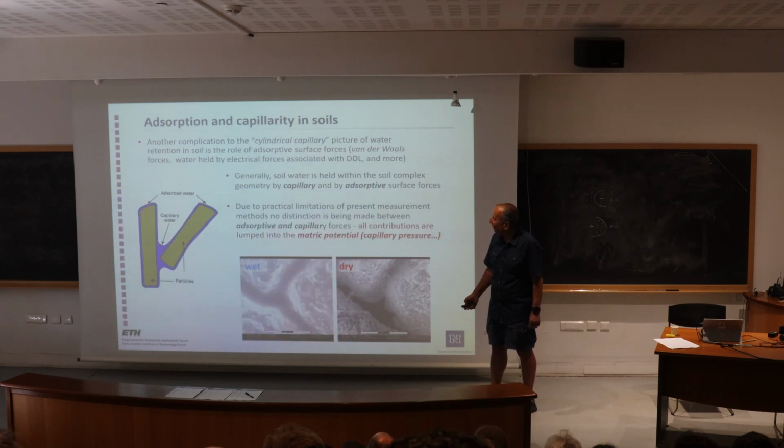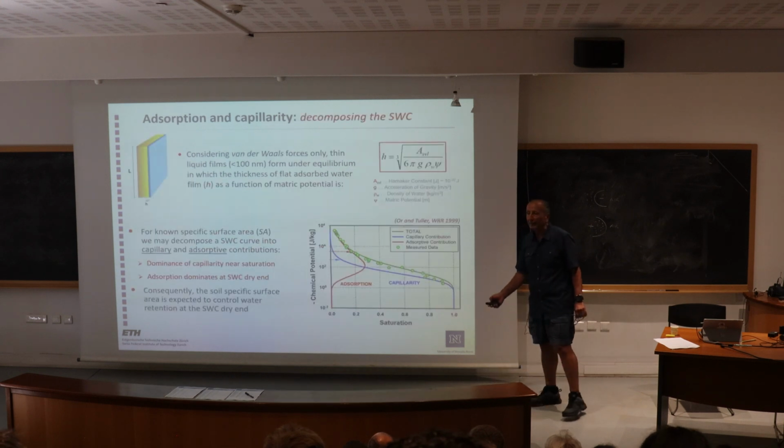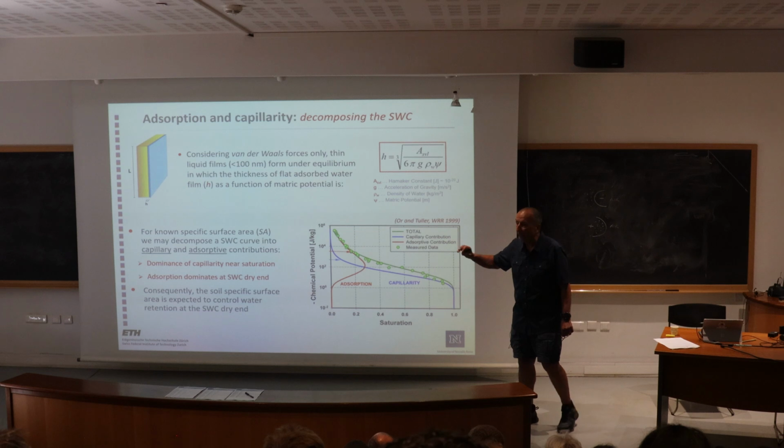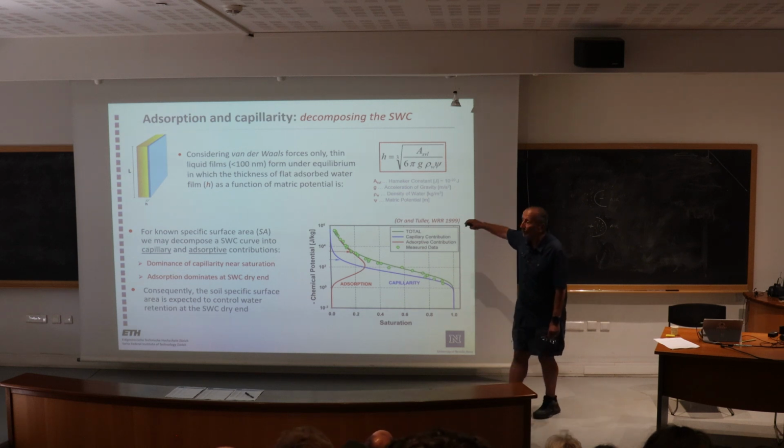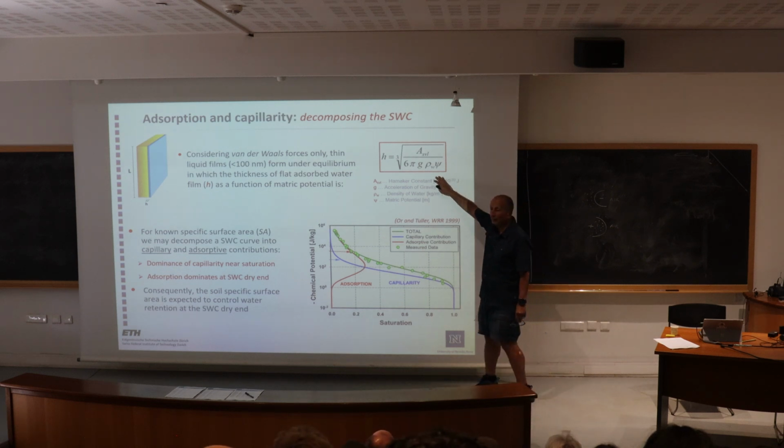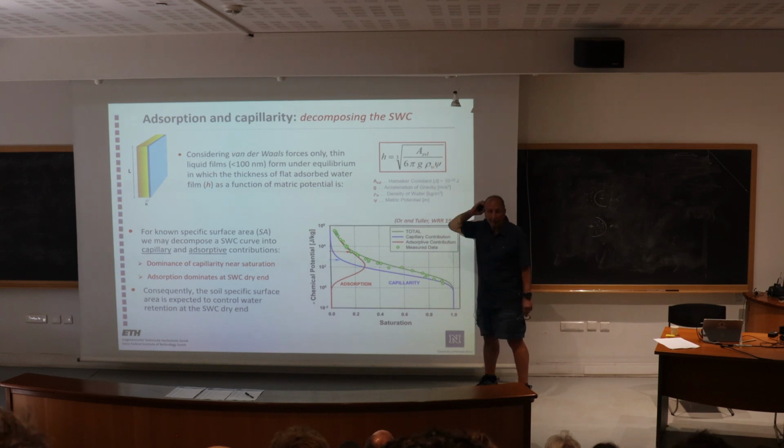Okay. So I wanted to talk about adsorption and capillarity in soils. I'll just mention very briefly the concept, again with Marcus, of calculating the average thickness of film on flat surfaces as a function of water potential. It turns out that the relationships are relatively simple, almost algebraic, using just van der Waals forces.